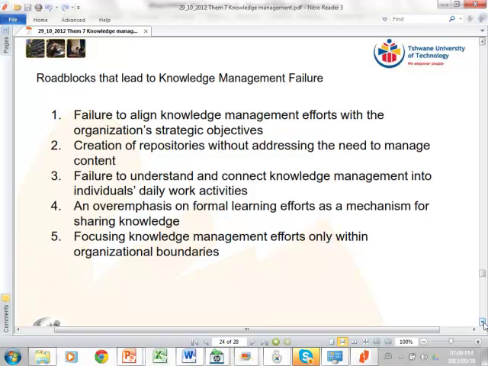Right. An overemphasis on formal learning efforts as a mechanism for sharing knowledge. Remember when we spoke about the spiral, there's all those different mechanisms. And at the end of the day, what we want, because explicit is what everybody can understand, because that's what's in writing. We think everything must be explicit.